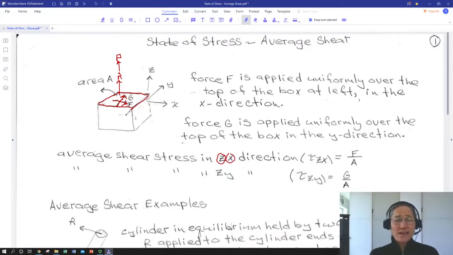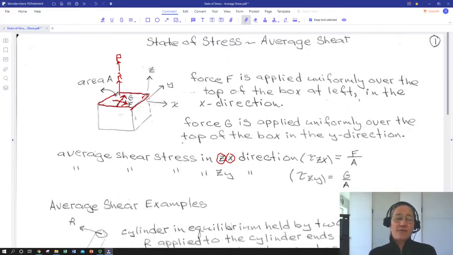In reality, that shear force may not be uniform. It might be much bigger over here at the corner, smaller in the middle, or vice versa. We don't know. One concept we will go over as we look at stress concentrators is something called Saint-Venant's principle, which means the further away you get from places where you apply loads or from stress concentrators, the more uniform your stress is going to be.